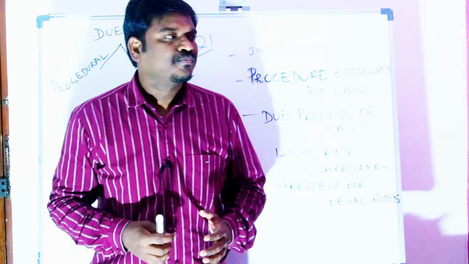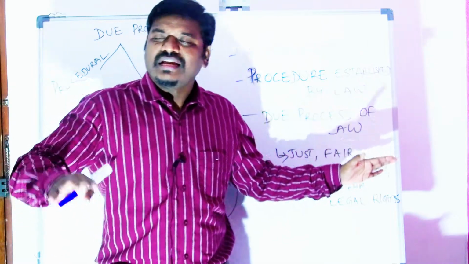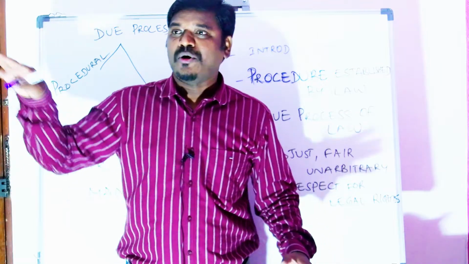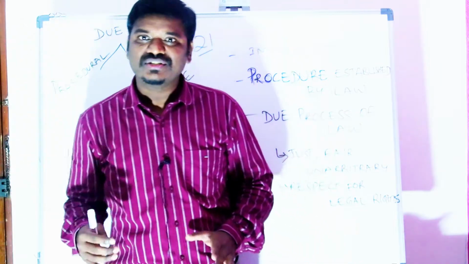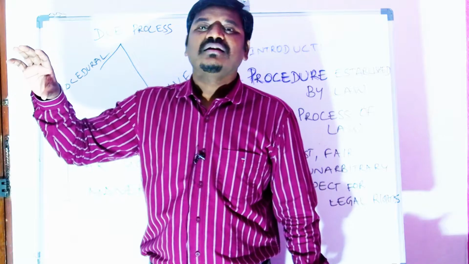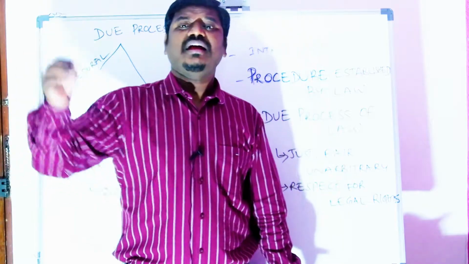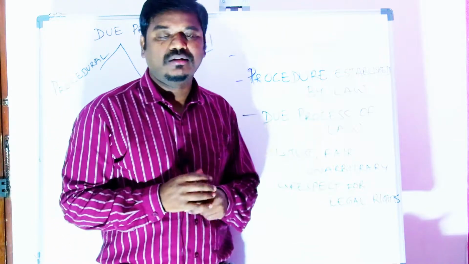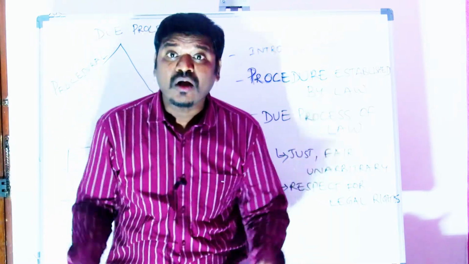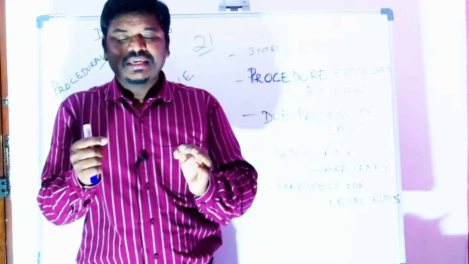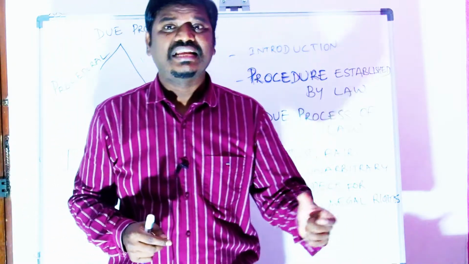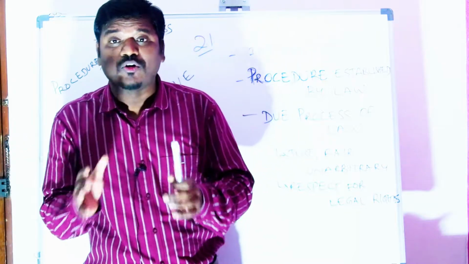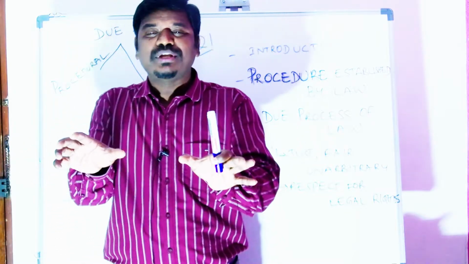Let us assume this law is enacted properly, appropriately, following all the procedures, and there is a competent authority to legislate, and the competent authority has made that law. Now, there should be a set of rules and regulations, a set of guidelines to be followed. A procedure should be there.